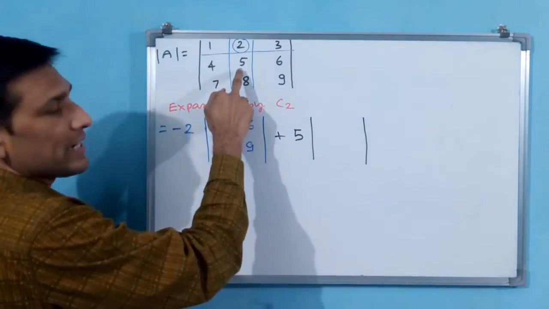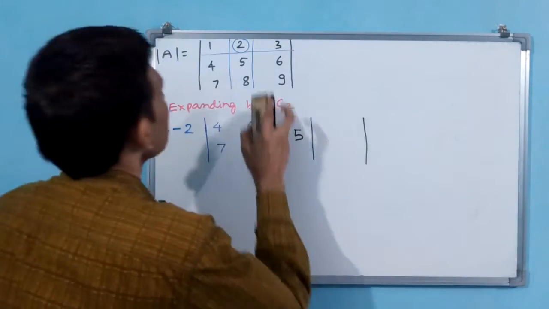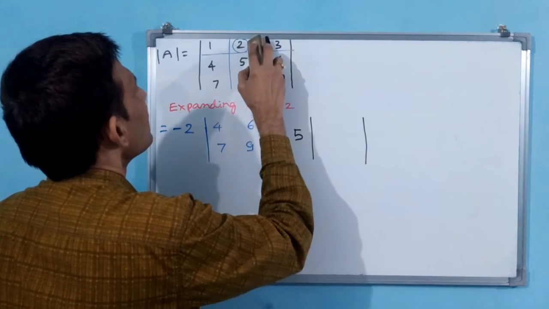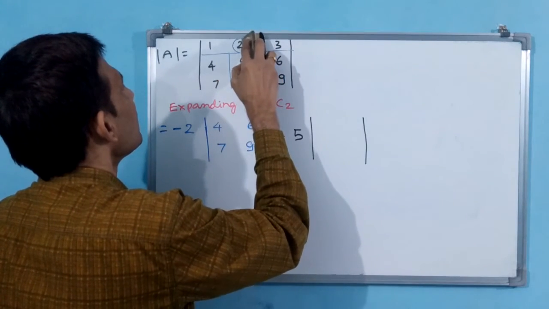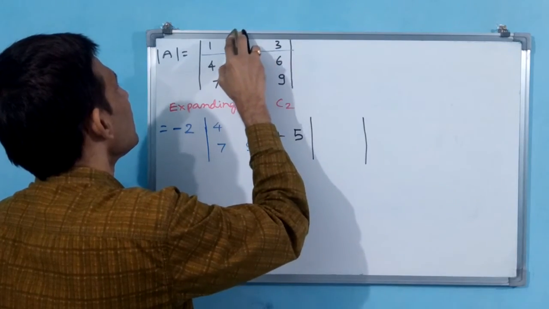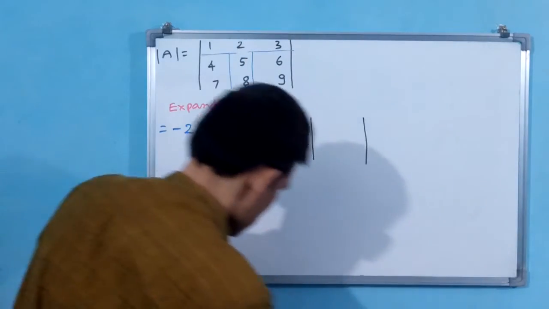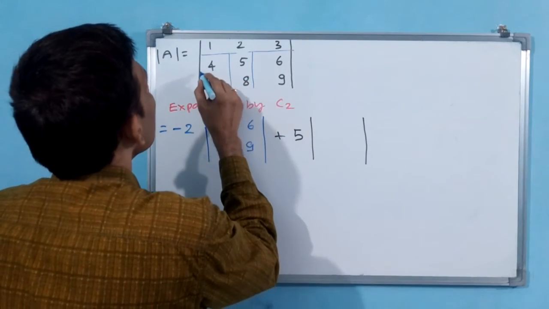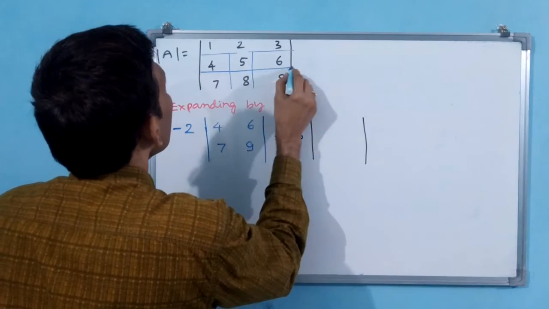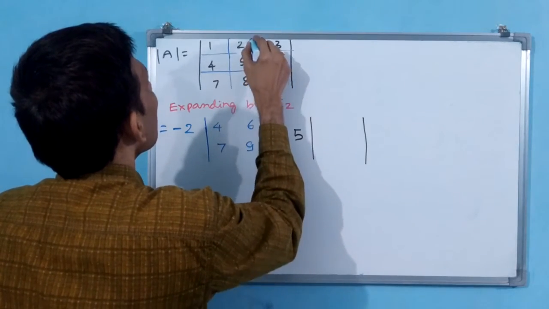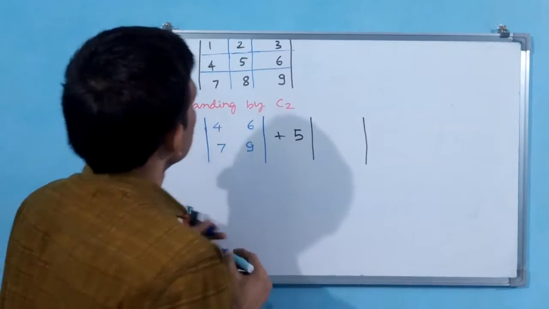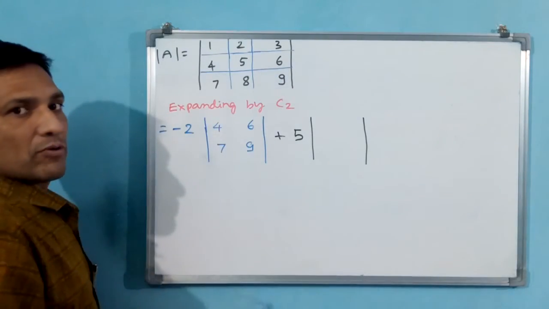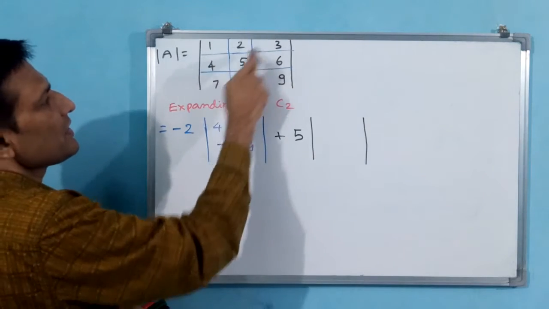Now the second one you have to close. You see, I am closing the second one. Second row, second column I have closed. That means what is left? 1, 3, 7, 9.